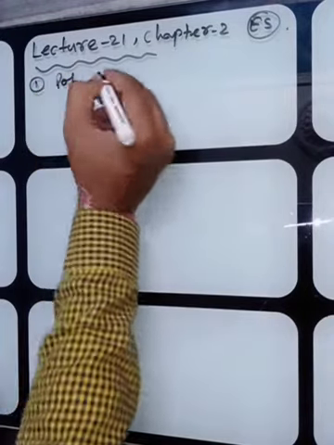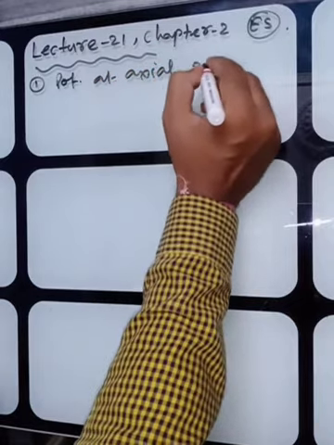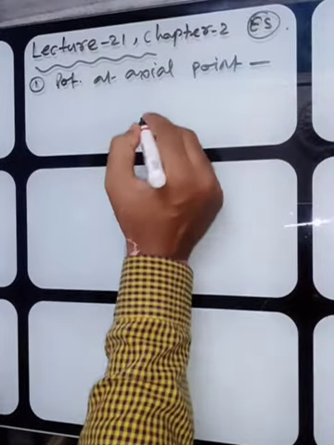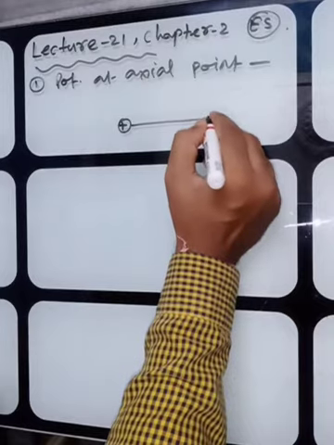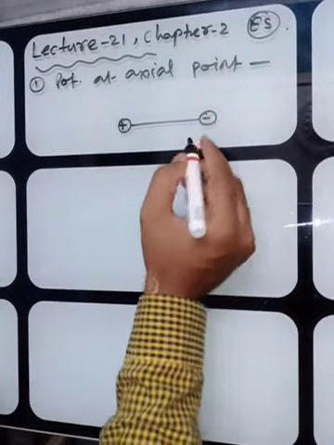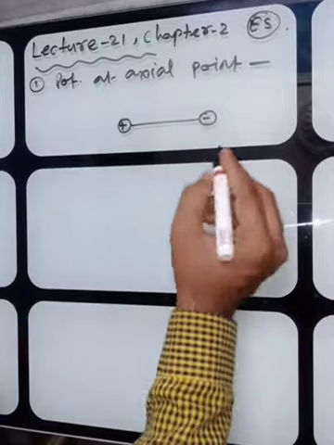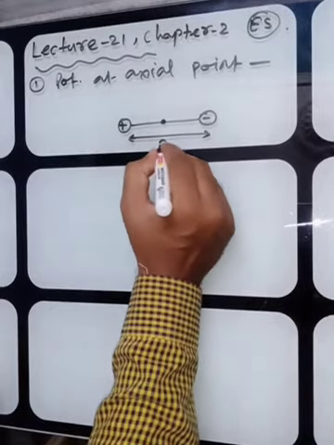Potential at axial point. My dear students, this is the positive charge and this is the negative charge, plus and minus. Again, I'm telling you this is Q and Q, Q is either charge of the dipole, and this is the dipole length, it is 2a.